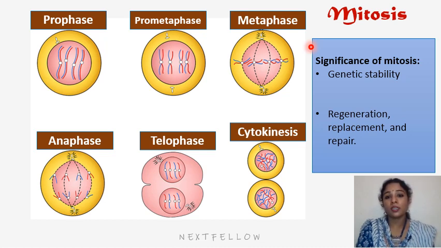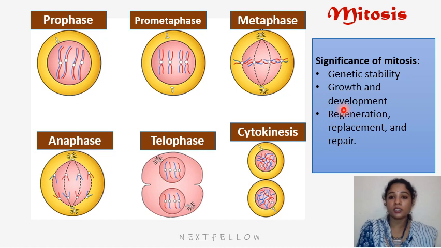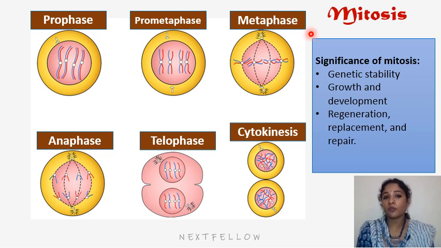And the next thing is degeneration, regeneration and repair of the degenerated area. It helps in the regeneration of new cells to replace dead and damaged cells. So that is the significance of mitosis.